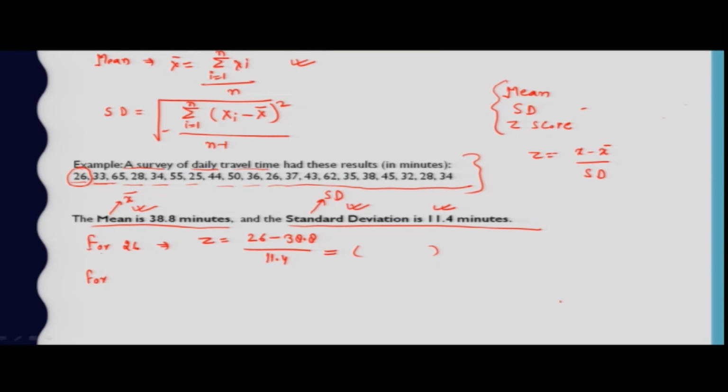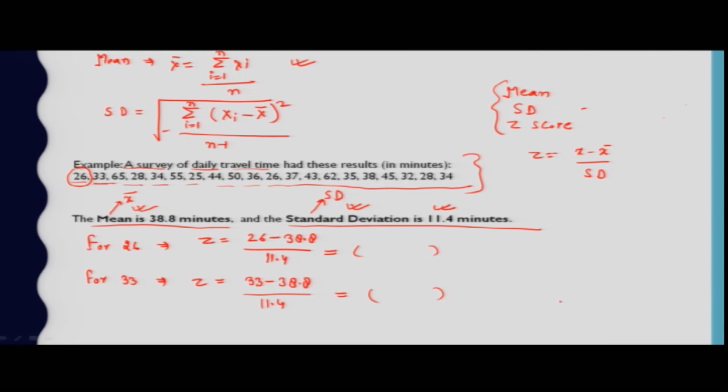Similarly, for 33 you have to calculate the z score, which will be 33 minus 38.8 upon 11.4. That will come out as some value.